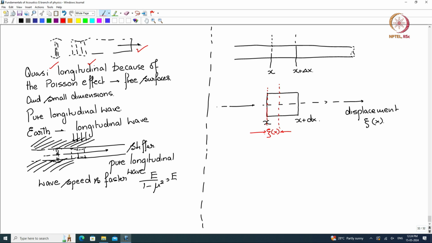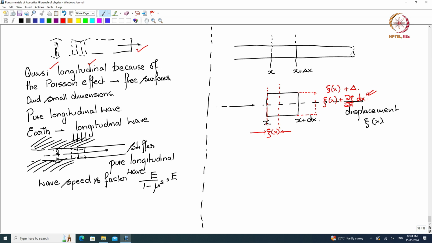And this face over here, it moves by xi of x plus a small amount which is del xi by del x into dx. Okay. So, xi of x plus a certain amount delta, and that delta up to first order is del xi del x dx.